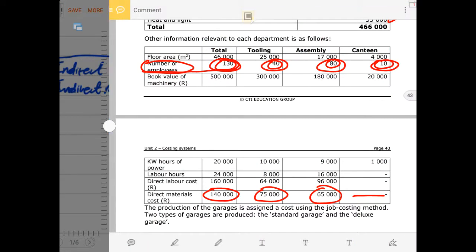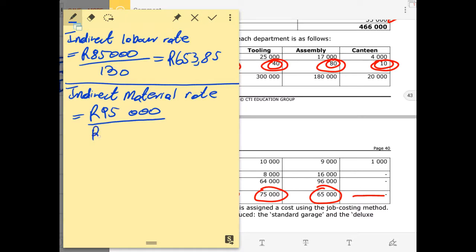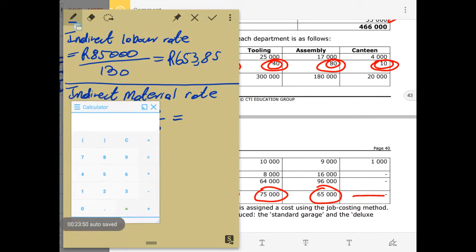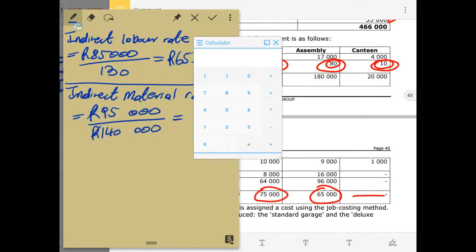Then we divide by 140,000, and this will cancel that. Then we'll get to a percentage definitely. That will be 95,000 divided by 140,000.